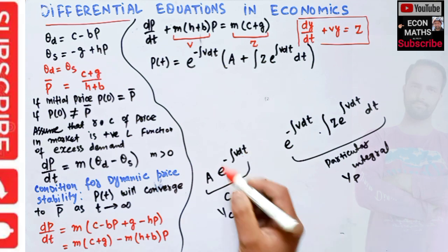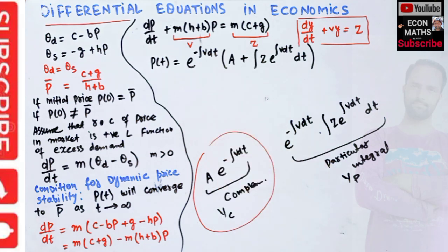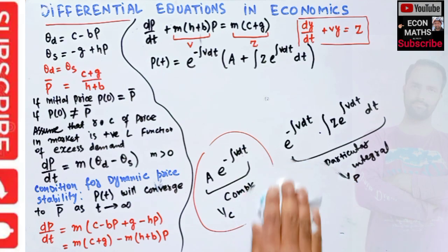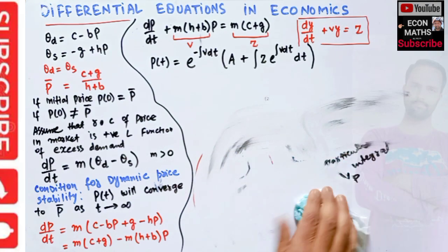So that means we want this very thing equal to zero, as t approaches infinity, so that we get the dynamic stable thing.